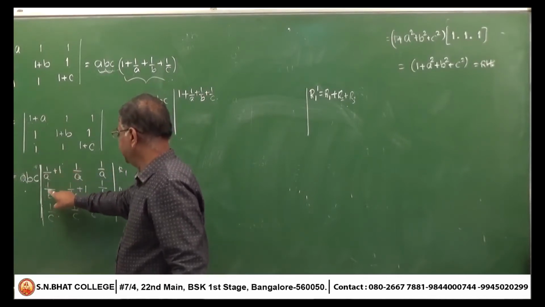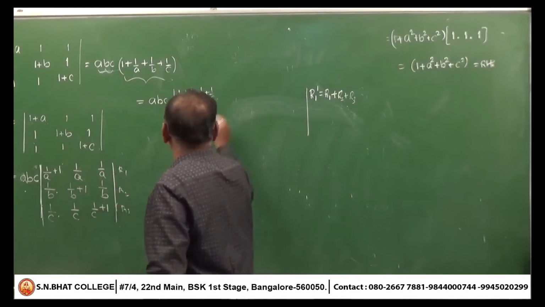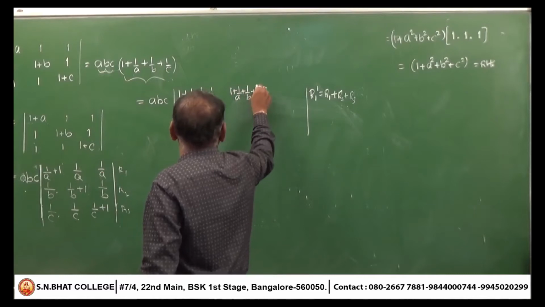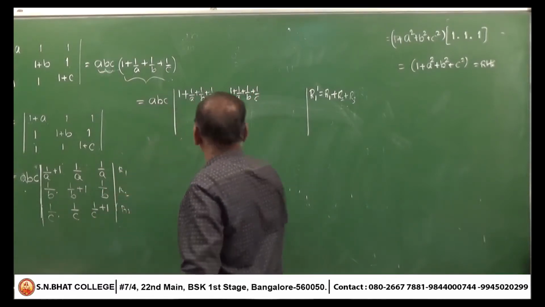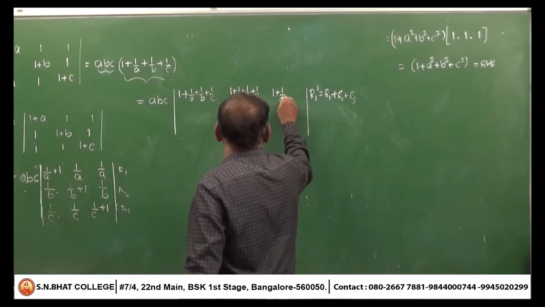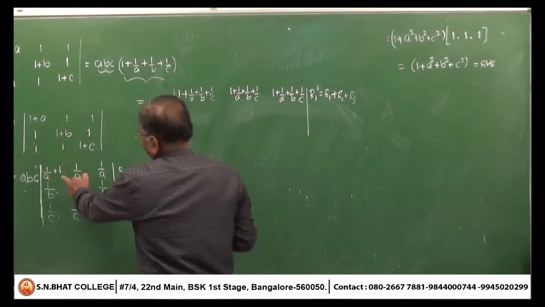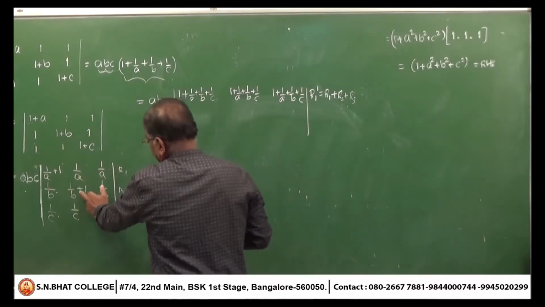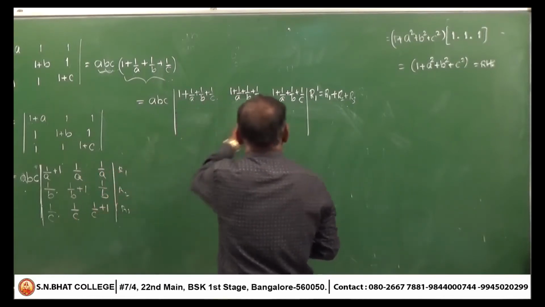Next again 1 plus 1 by A plus 1 by B plus 1 by C, and next again the same. This plus this is the first element, this plus this is the second element, this plus this is the third element.